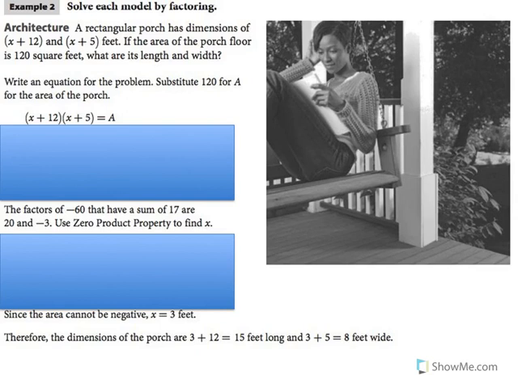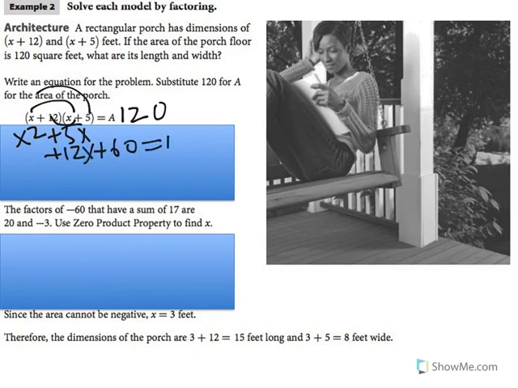From our previous lesson, we can use FOIL. This gives us x squared plus 5x plus 12x plus 60 equal to 120.